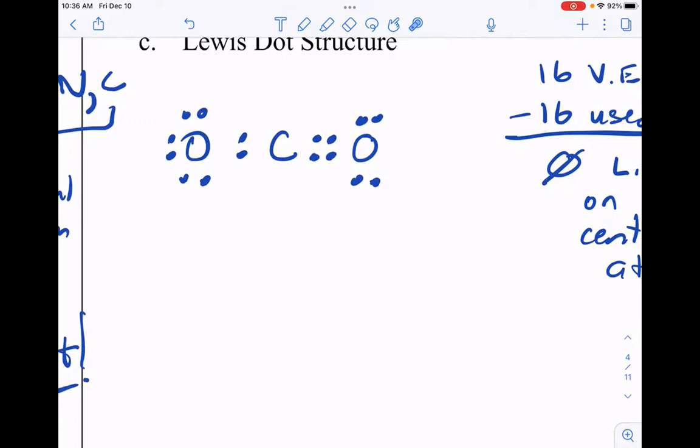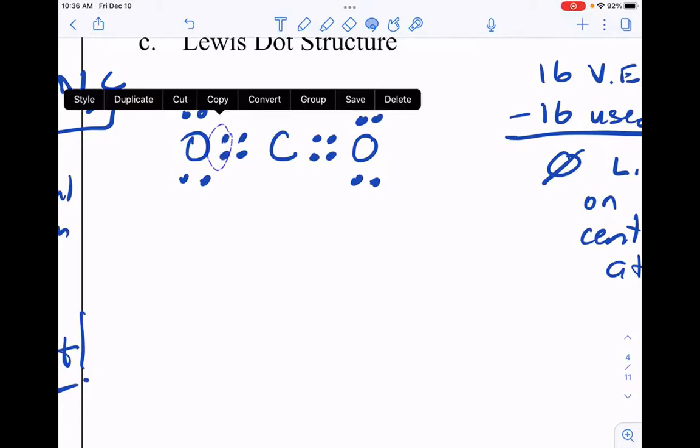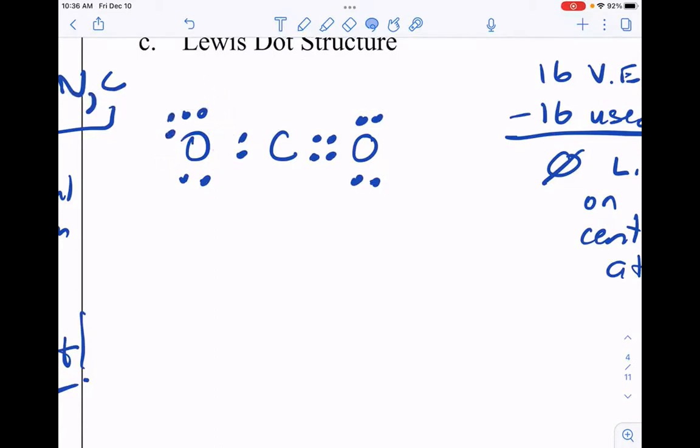What I'm trying to say is that there is another source of lone pair on this oxygen. So to create the 8 valence electrons for carbon, we're going to take a lone pair from oxygen and place it between this carbon and oxygen. And so we can still create another double bond versus creating a triple bond.